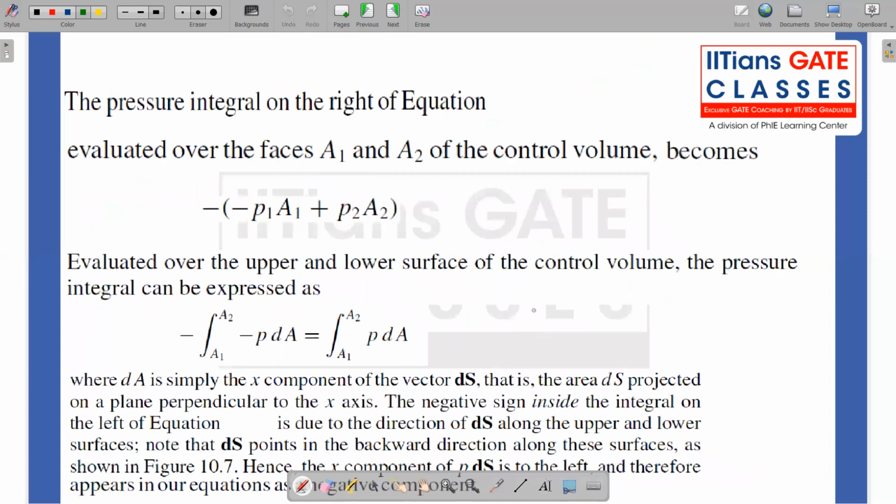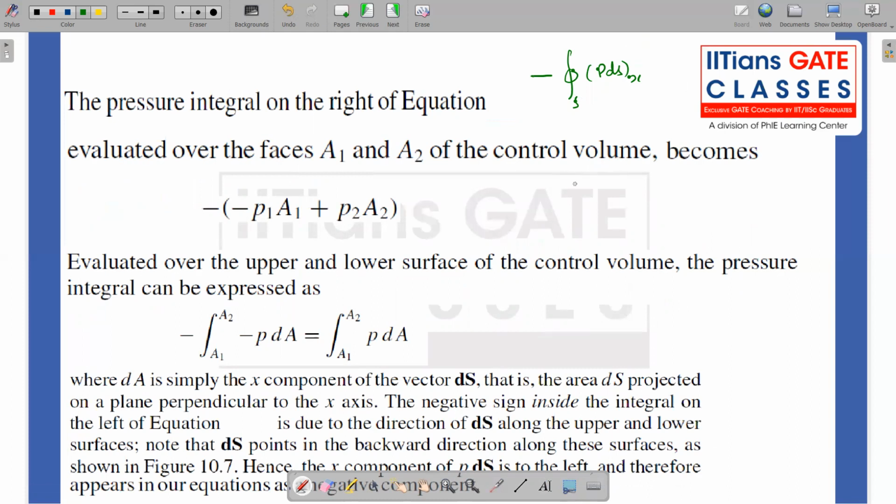Now we look at the right hand side, that is the pressure part, right? On the right hand side we have minus the contour integral of pdS in the x direction, right? If you look at this part very carefully, it can be divided into three parts again, as it is a contour integral.